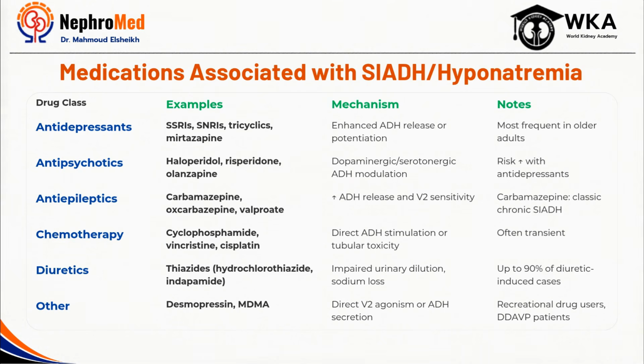They are probably one of the most common causes of drug-induced hyponatremia in real-world clinical practice. Finally, there are miscellaneous agents like desmopressin and even MDMA, both of which can strongly enhance water retention through AVP pathways. So whenever you see unexplained hyponatremia, especially euvolemic, always stop and carefully review the medication list. Sometimes the diagnosis is sitting right there in the chart.